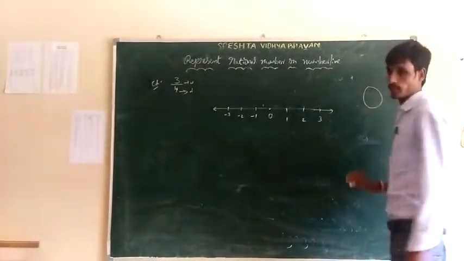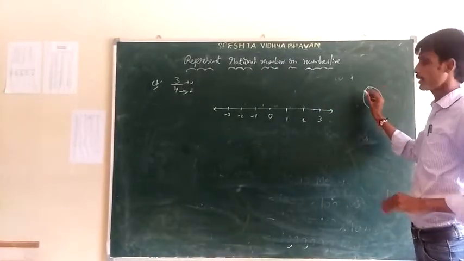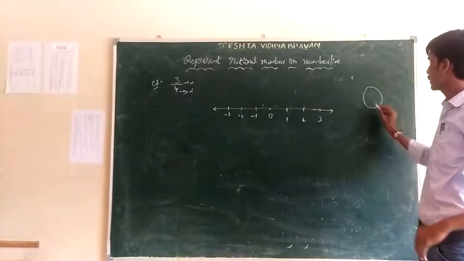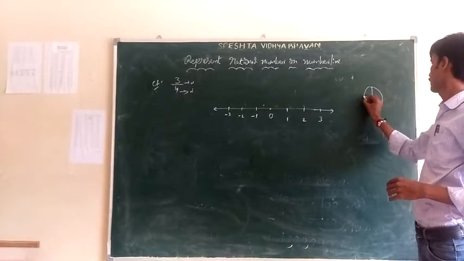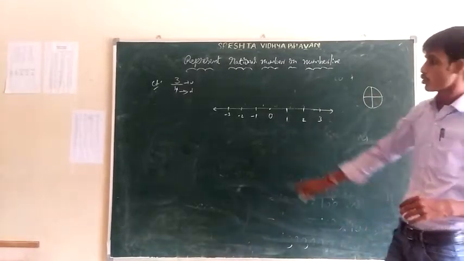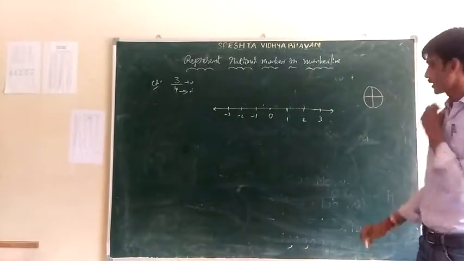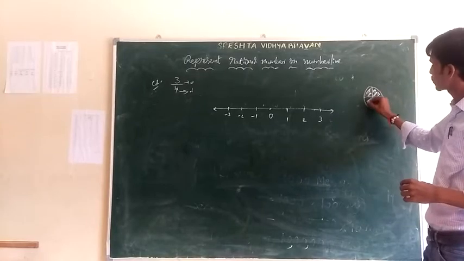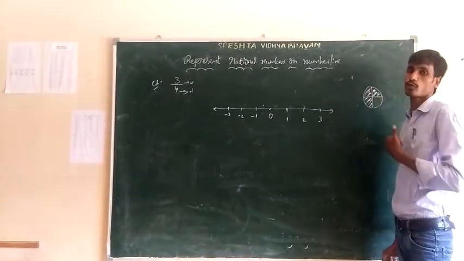Suppose I take this circle. The denominator tells us the total is divided into 4 equal parts. The numerator tells us how many parts we represent: 3. So we shade 3 parts. This is the representation of 3/4 in pictorial form.